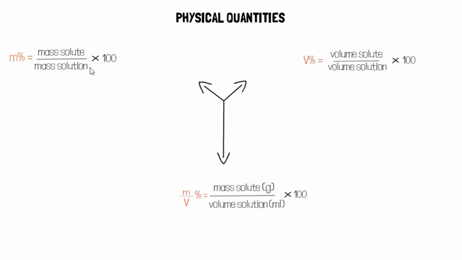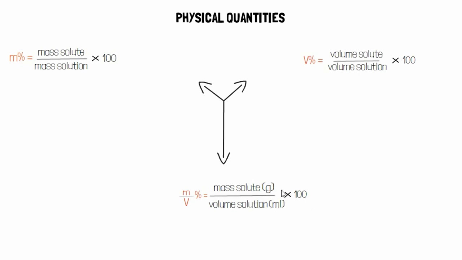This will be incorrect. So please pay attention to units of measurement, which have to be the same. And the same goes for volume. You can use whatever you want. You can use milliliter or you can use liter. The only important thing is that you put milliliter on the top and milliliter on the bottom, or liter on the top and liter on the bottom.